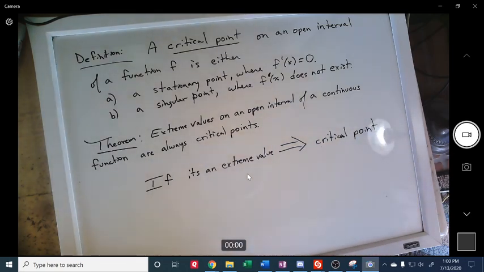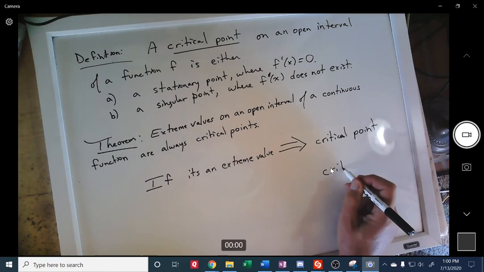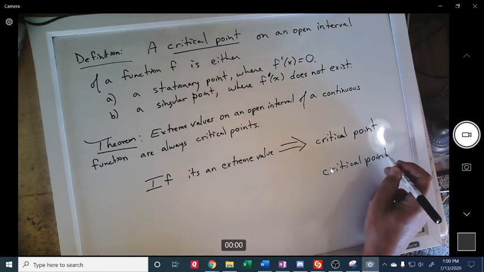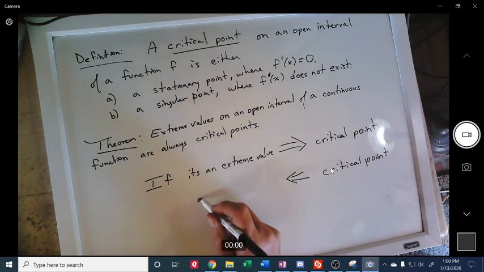And the way that I stated it is I reversed it around. I stated it this way: if we're a critical point, then we must be an extreme value.